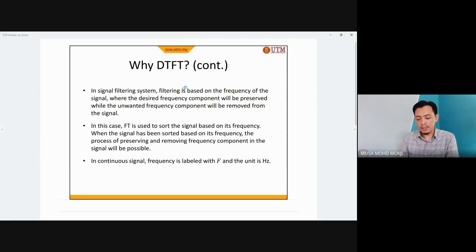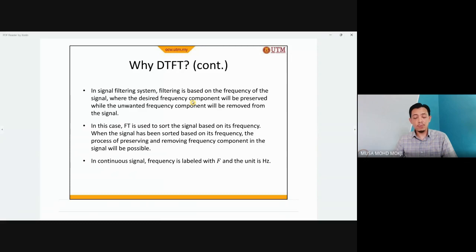The concept of a filter is quite easy. It is the same as a water filter, where you filter something out so that you have nice, clear water. In this case, a Fourier transform is used to sort the signal based on its frequency. Because we want to filter some frequency, we need to sort our signal, as originally we have a signal in the time domain, so we need to sort it back into frequency.